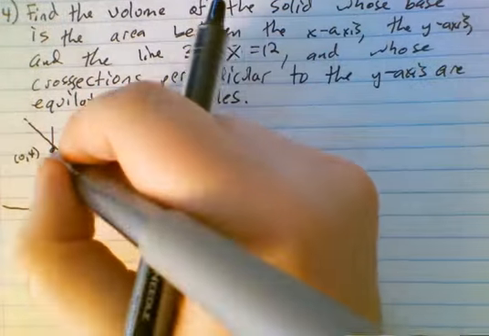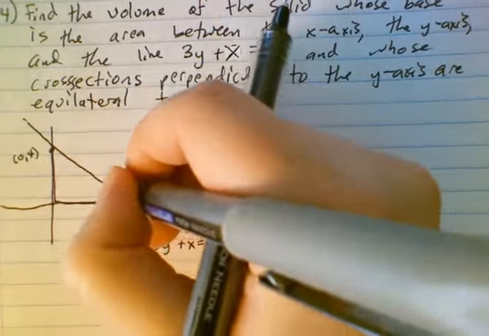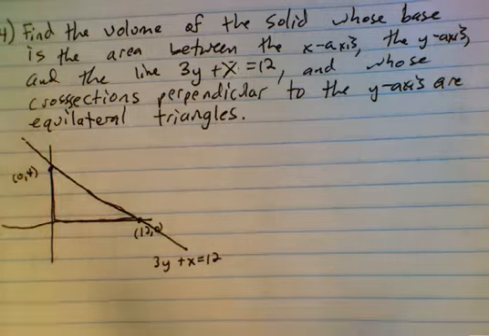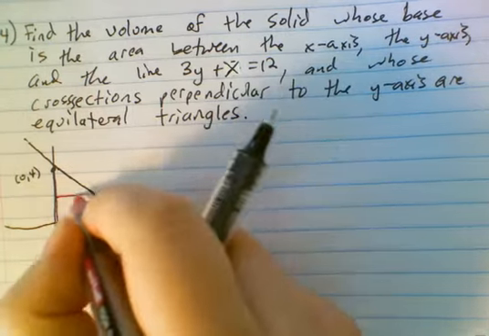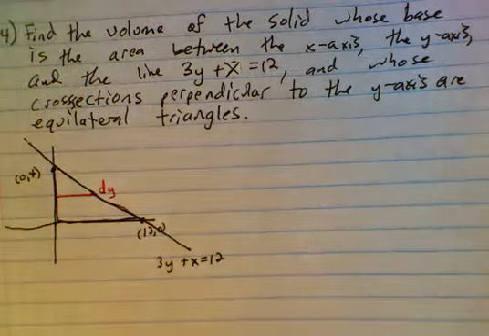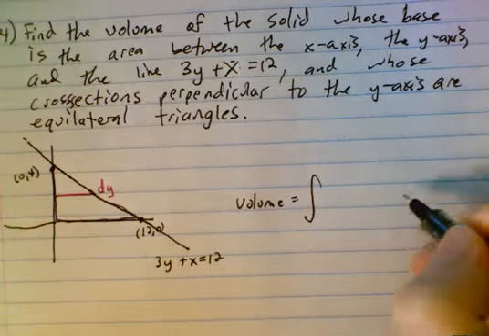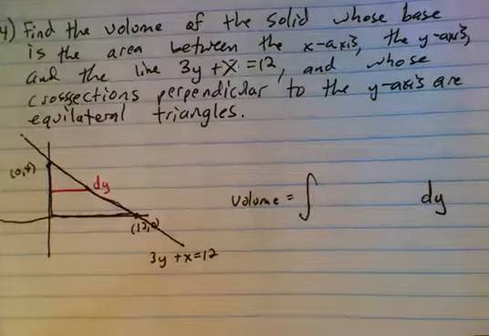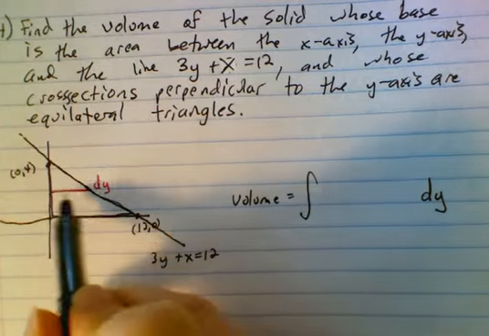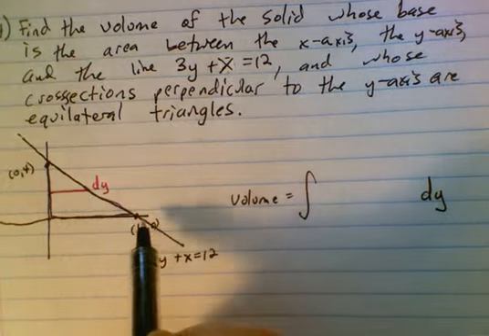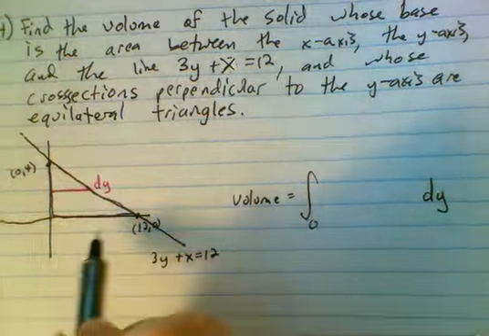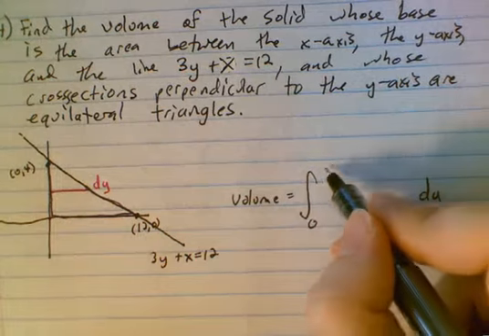So the area that we're looking at is going to be right here. Cross sections are perpendicular to the y-axis, so that means we've got a dy. We're going in the y direction, so we're going to have a starting y down here at 0, a stopping y up here at 4.